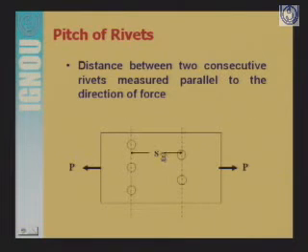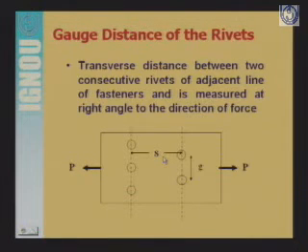Another terminology which is very important in riveted connections is gauge distance of rivets. What is gauge distance? This is also a distance between two consecutive rivets, but here it is the transverse distance, measured at right angle to the direction of force.